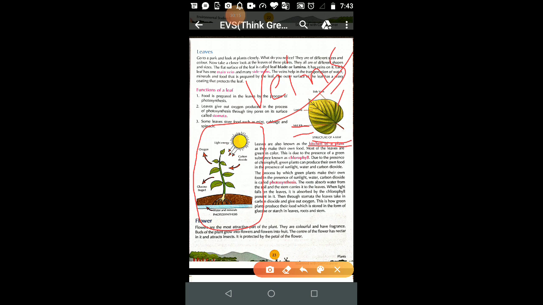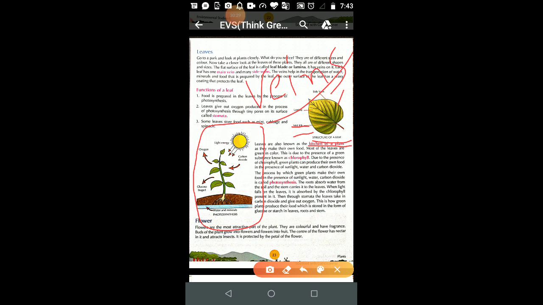So student, the roots of the plant absorb water and minerals from the soil, because these minerals dissolve in water. Is it clear?